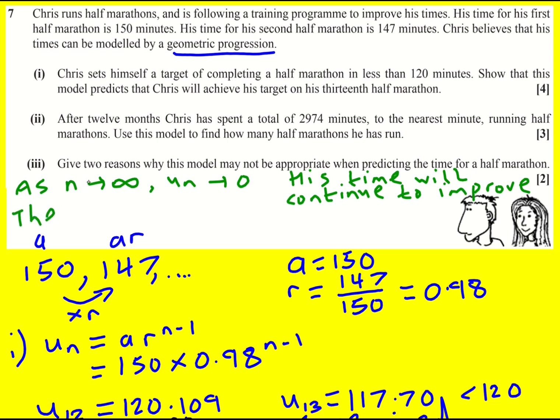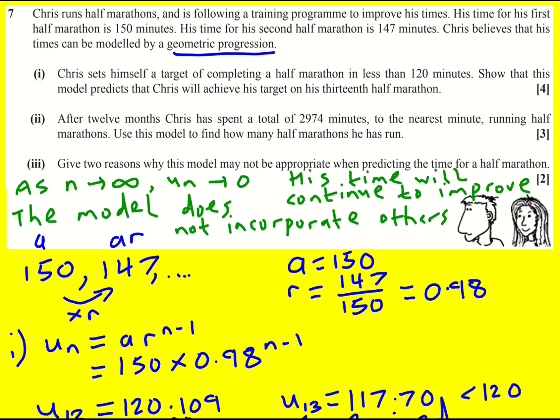And then another possible reason, there's more than these 2 reasons, but these are some good reasons. The model does not incorporate other factors. All we're saying is every single time goes down by 2%, but some half marathons are longer than the others.